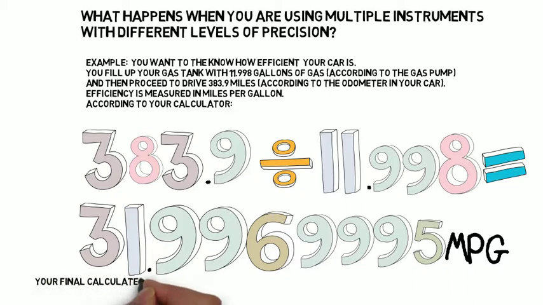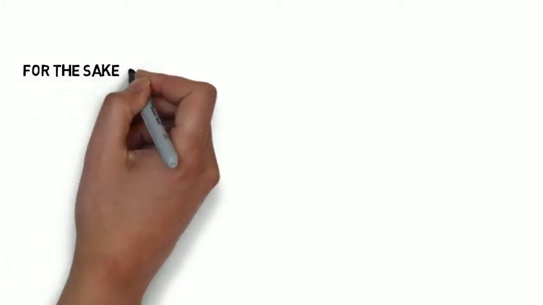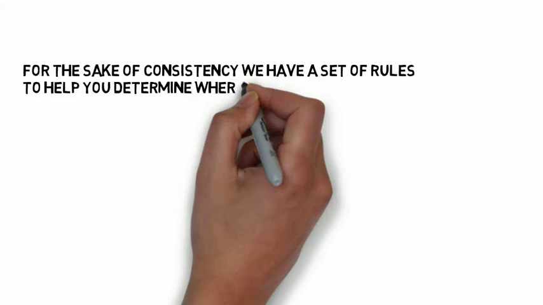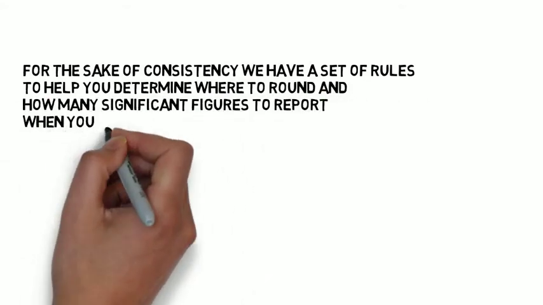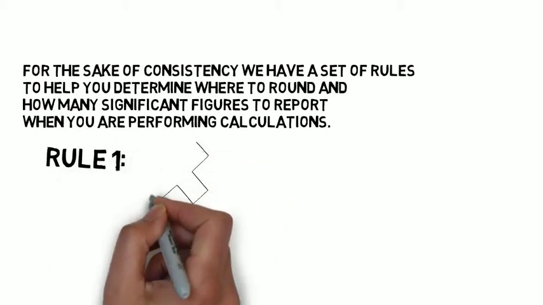Well, you would probably round that to 32, but there is an actual set of rules which says that your final calculated value, which is a measurement, can only be as precise as your least precise measurement. So again, for the sake of consistency, we have a set of rules to help you determine where to round and how many significant figures to report when performing your calculations.